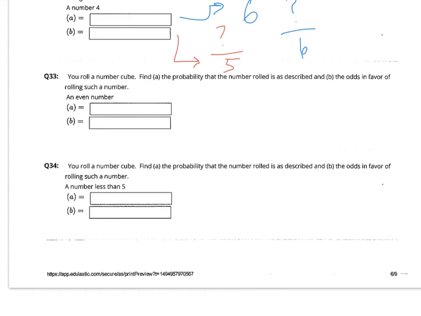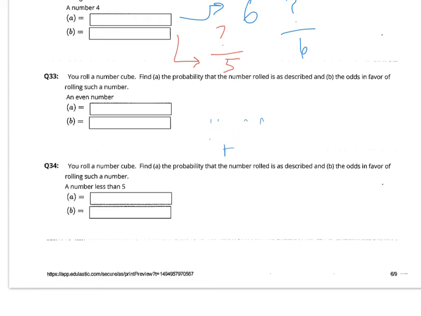33, the probability of rolling an even number. That's going to be the first one. What's the chances of rolling an even number? And then what's the chances of the odds being in your favor? So you have to think about the unfavorable. For the second one, it's unfavorable over favorable, or favorable over unfavorable.